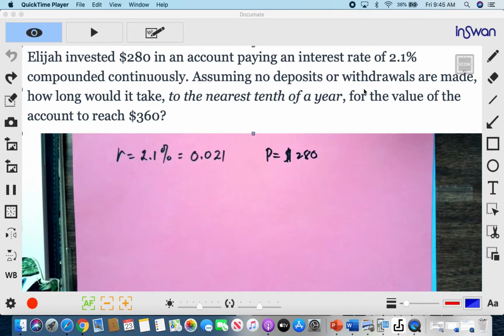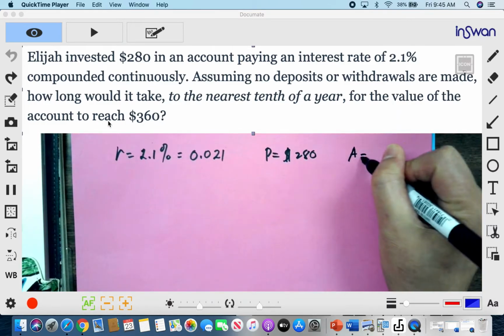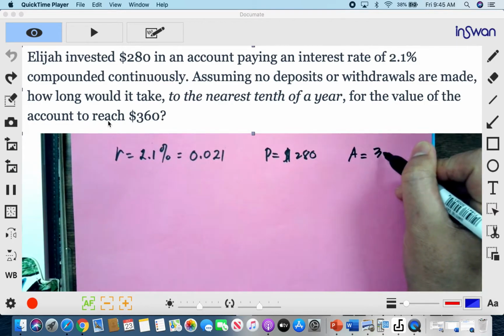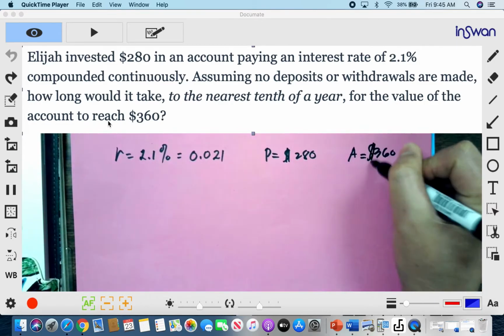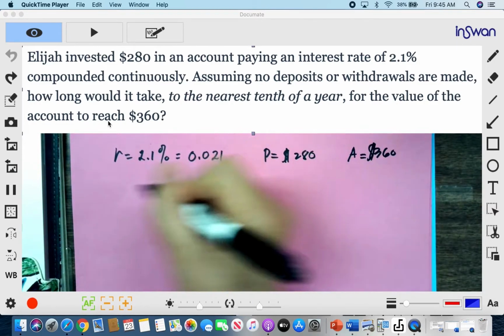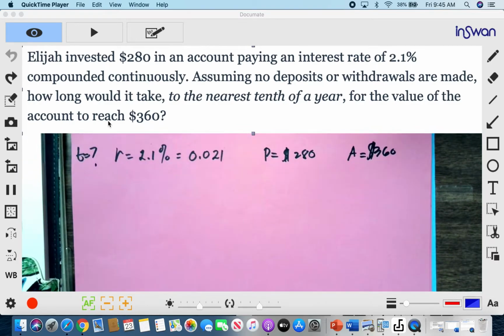Assuming no deposits or withdrawals are made, this is compounded continuously. How long would it take, to the nearest tenth of a year, so this time it's the first decimal to be rounded off, for the value of the account to reach 360? So our future value is $360. And we're trying to find the time. Time is unknown here.